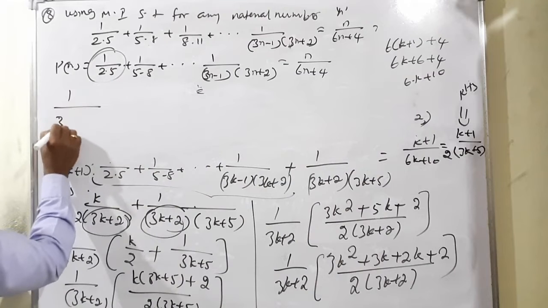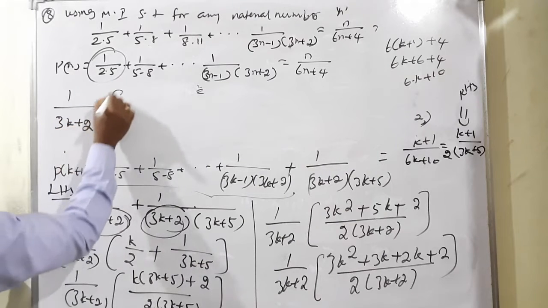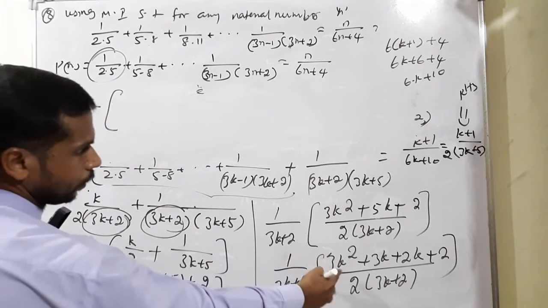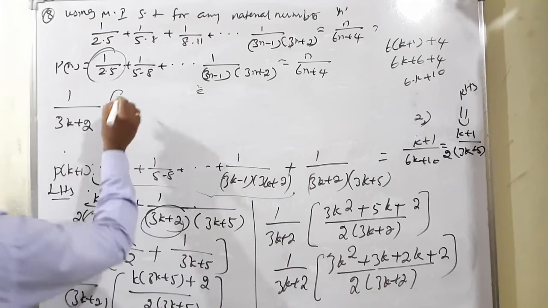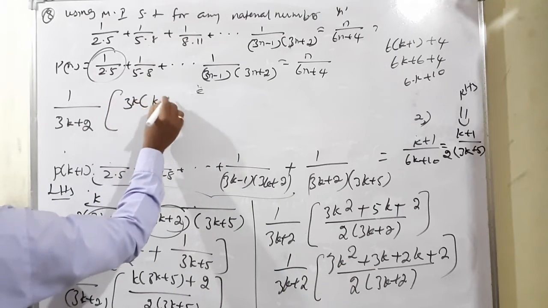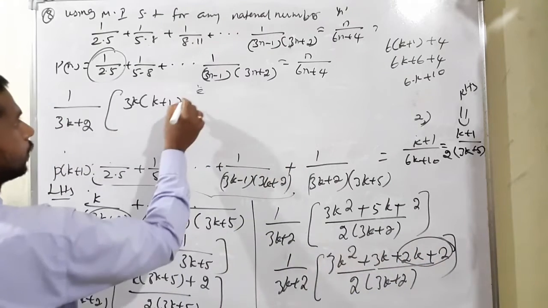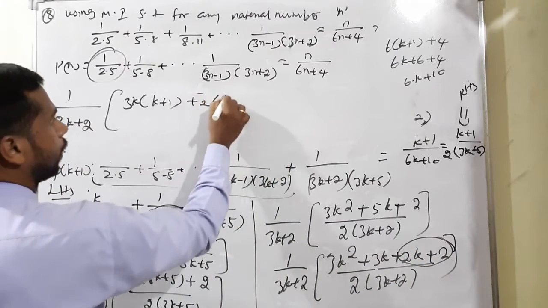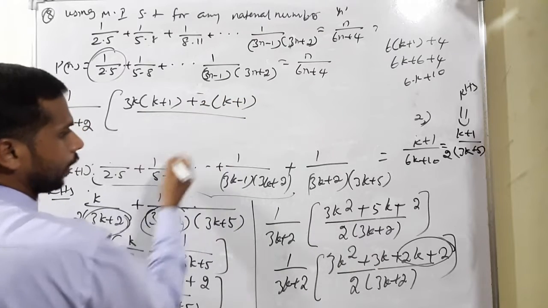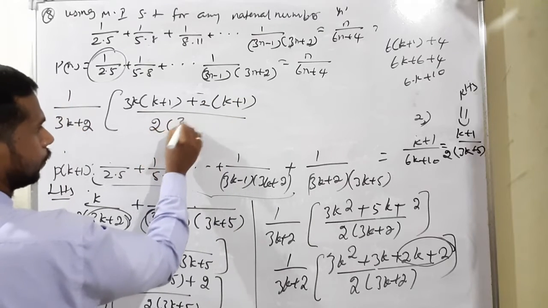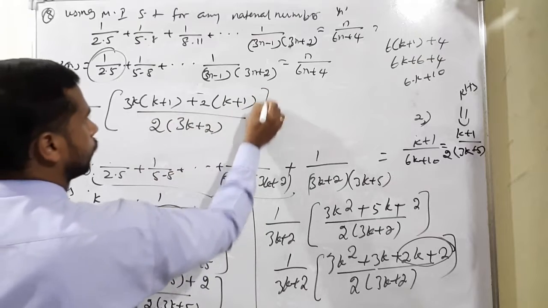One by 3k plus 2. So first, 3k taken common outside, inside k plus 1. Second term, 2 taken common outside, k plus 1. The whole term divided by 2 into 3k plus 2.